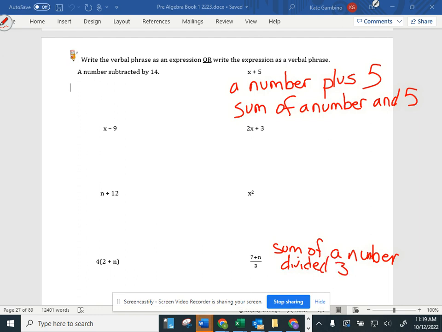That makes sense? Sum of a number divided by 3. Sum of 7 and a number, comma, divided by 3.